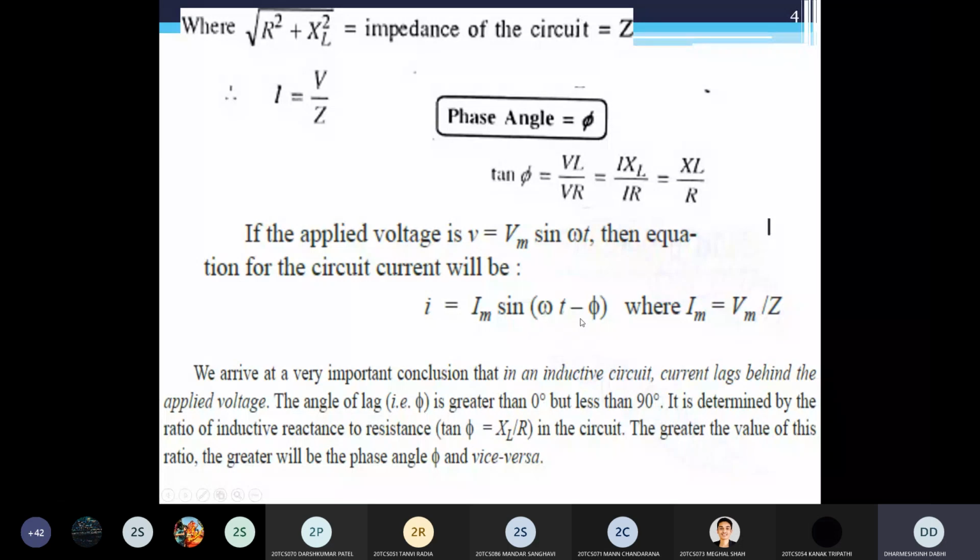Clear? So it is Vm Im sin omega t sin omega t minus phi. Yes or no? All of you please write down this equation for instantaneous power and simplify it. So here you get Vm Im sin omega t sin omega t minus phi. So solve this equation by trigonometry, sine into sine.